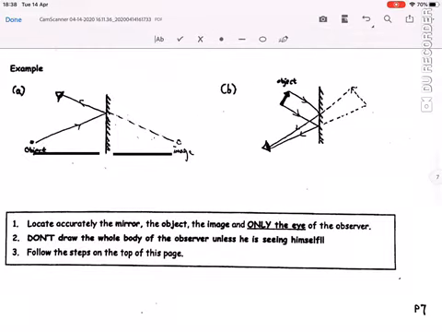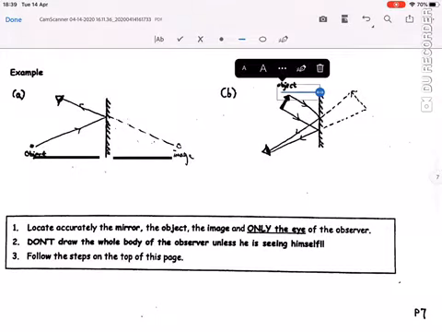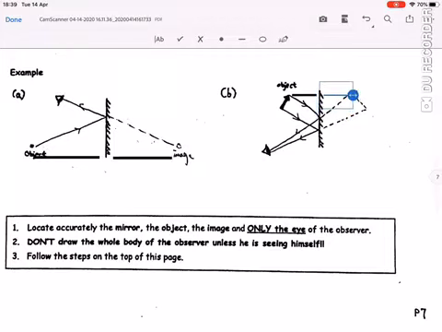Now, let's take a look at B. We need to draw the same object as the image first. Again, same idea. We need to draw the object in first. We measure how far away the arrow is from the mirror, that distance, and then from that, we draw the other side, so this part is the same distance as what you have over there.